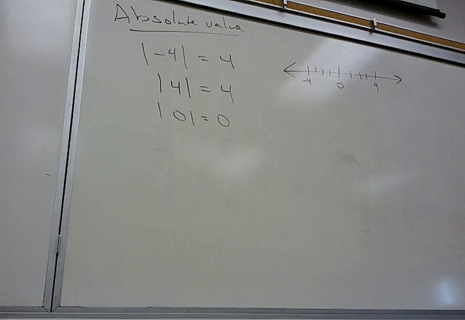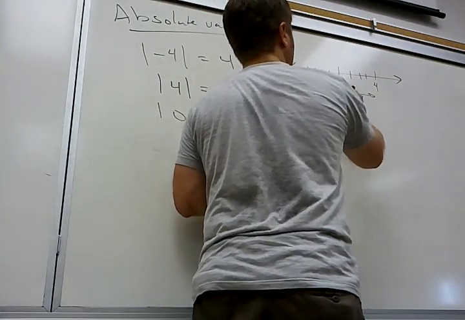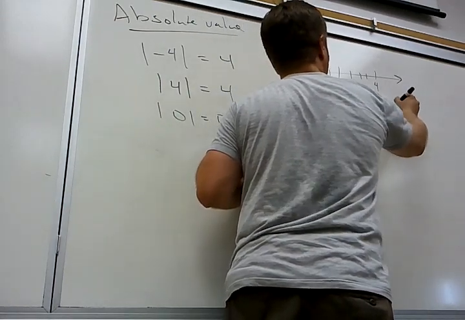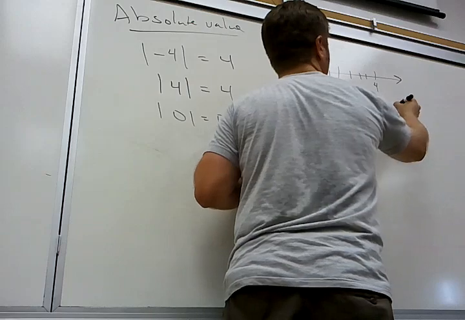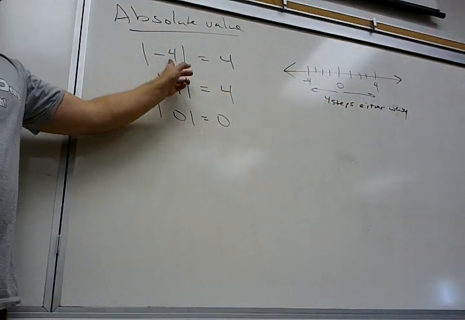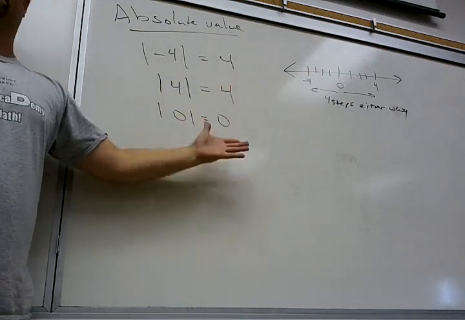Right? Distance can't be negative. Just because you're standing behind me doesn't mean you're negative feet away from me. So, absolute value is based on distance. That's why it always comes out positive. Distance from 0 in this case. So negative 4 is 4 away from 0. 4 is 4 away from 0. 0 is 0 away from itself.